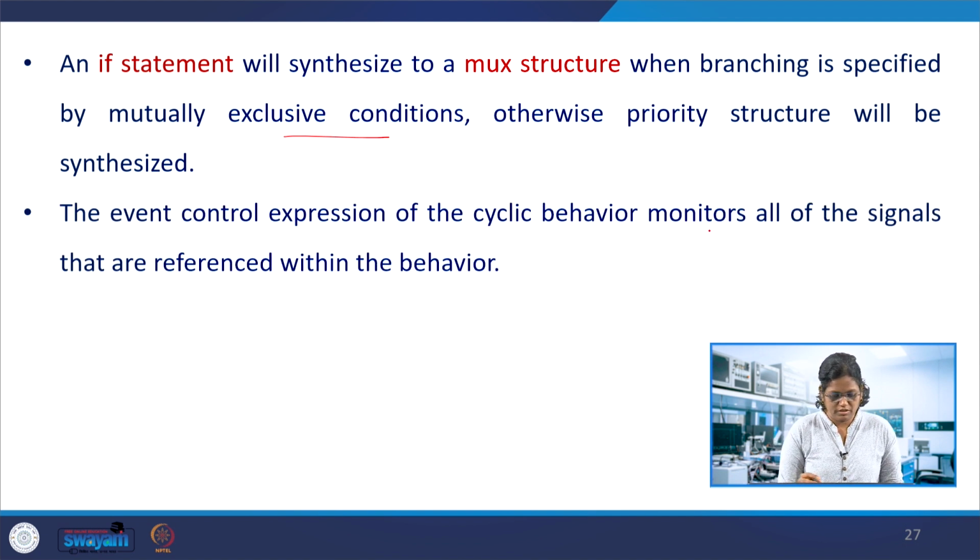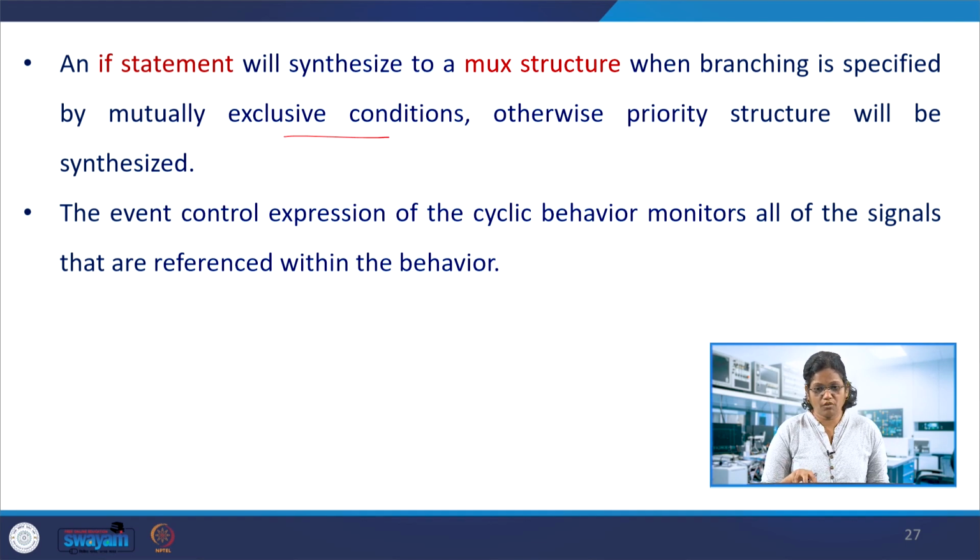Suppose we have this event control expression, always @, in the cyclic behavior. It monitors all the signals, that is, if there is any change in the sensitivity list, whatever is assigned within the behavior will be executed. So the event control expression should have all the inputs in the sensitivity list.